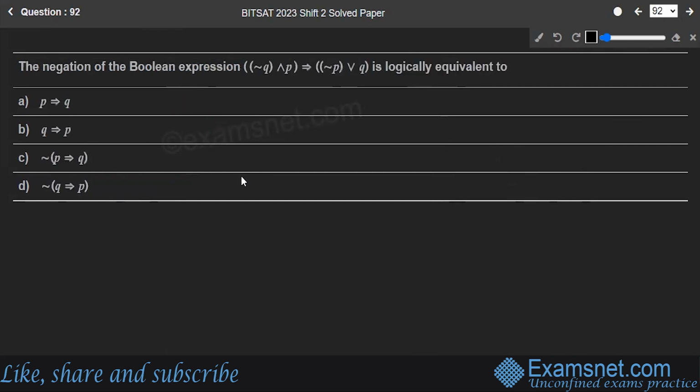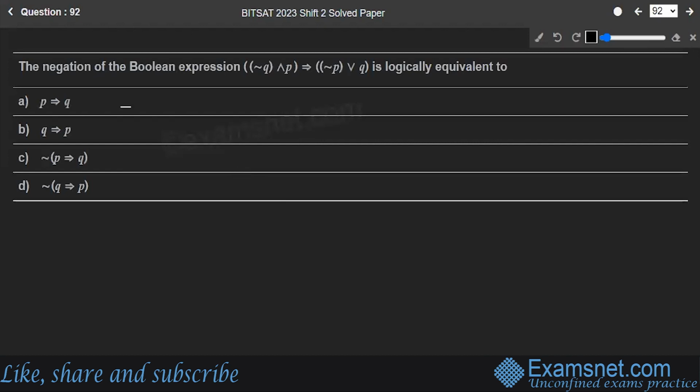The negation of the Boolean expression negate of Q intersection P implies that negation of P union Q is logically equivalent to.